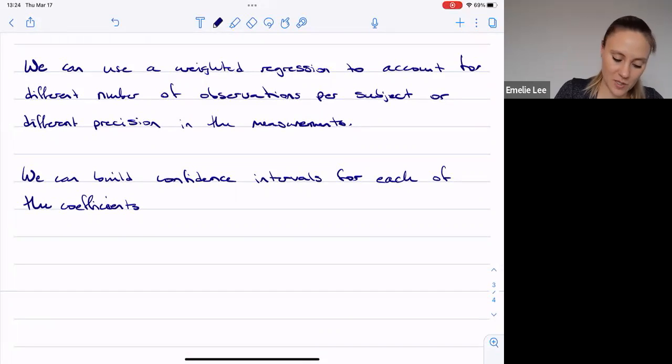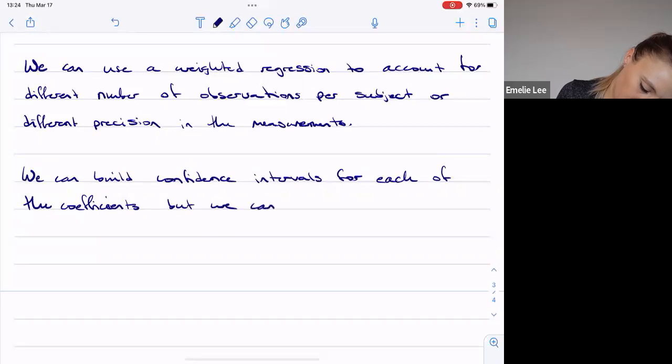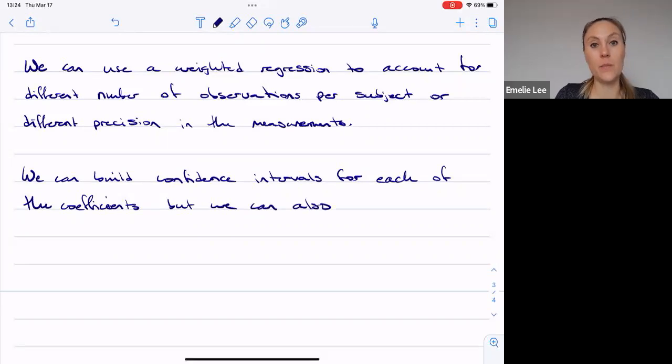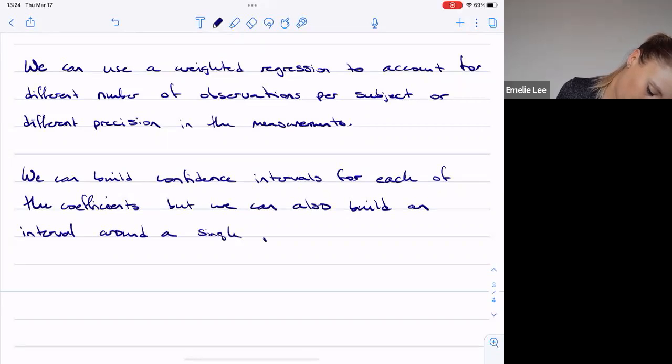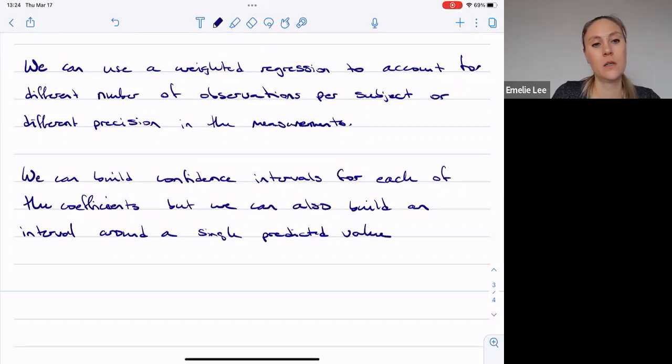Or I guess not or, it's not one or the other, you can do both. But we can also build an interval around a single predicted value, which we call a prediction interval.